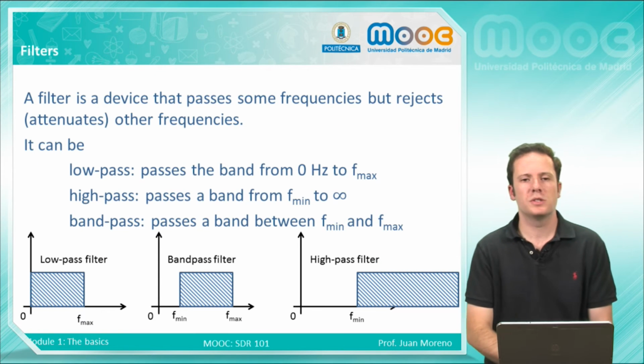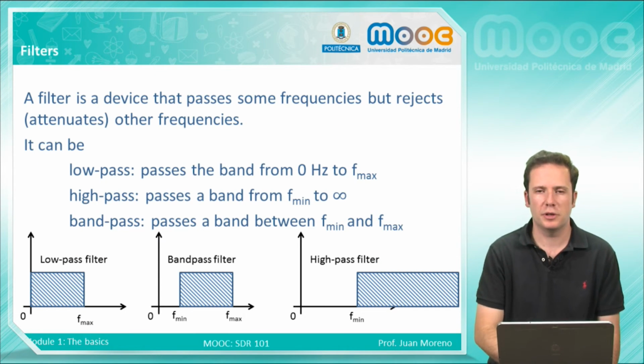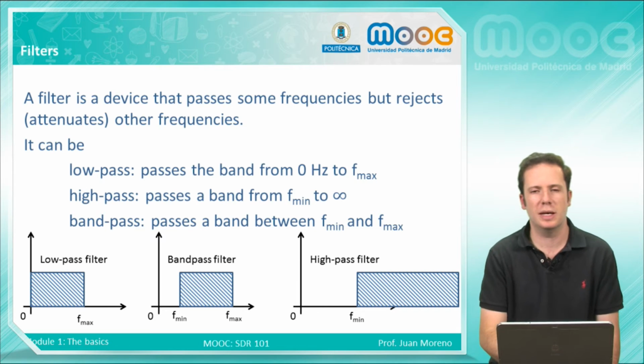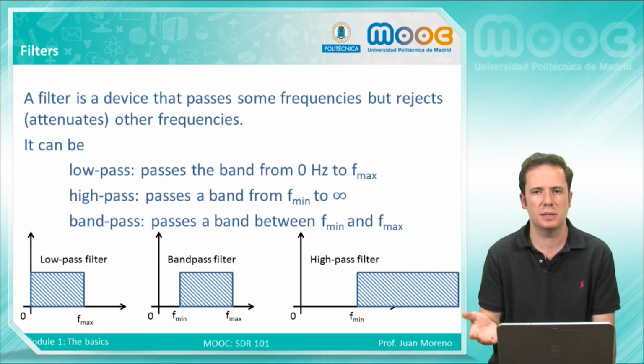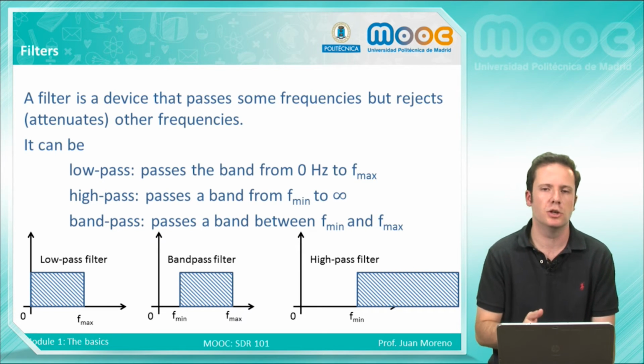Filtering. Once we are comfortable with Fourier transforms and going from time domain to frequency domain, we can do some filtering. This filtering means letting some frequencies pass through the system, through the filter, and the other frequencies don't. There are 3 types of filter.